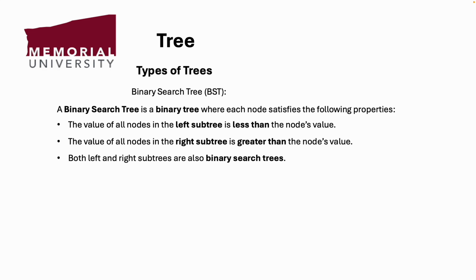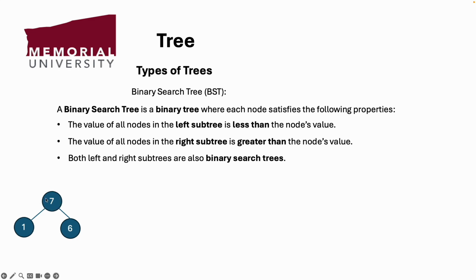Okay, so let's look at some examples. Let's check whether this binary tree is a binary search tree or not. First, let's look at this example: 1, 7, 6. We only have two levels, right?